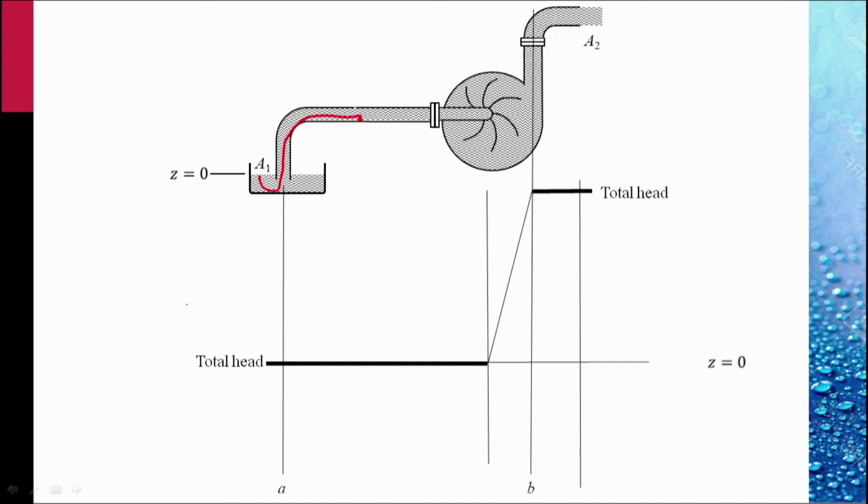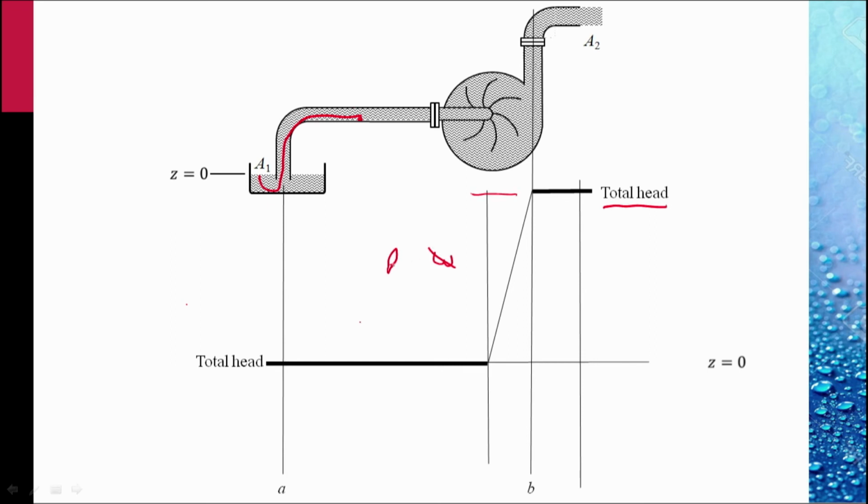The pump increases the head. Pump does work on the system. So Hs is negative, and that increases the head of the fluid, as the total head in the exit pipe is now at an elevated level.